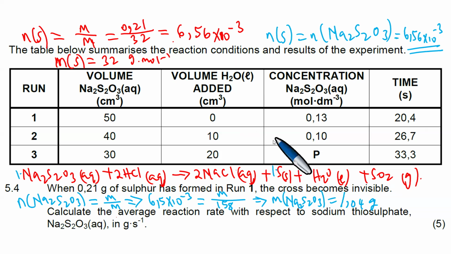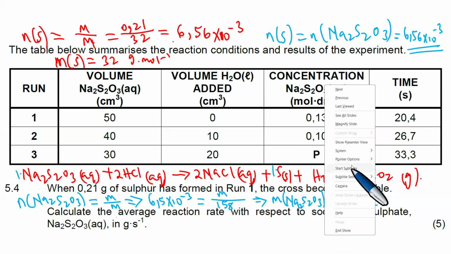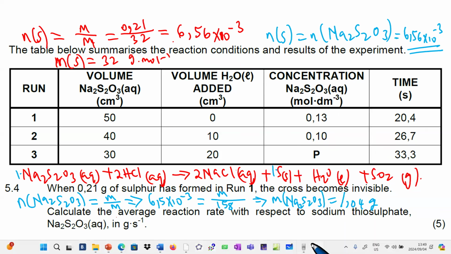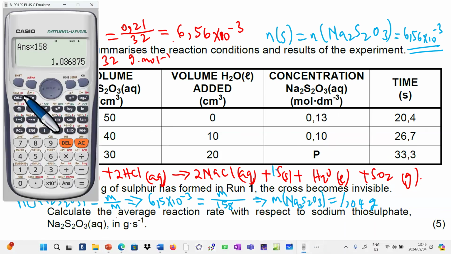Okay, yeah, I get you. I got 1.03, but that's because we rounded off. When we divided 0.21 by 32, we got 6.56. You'll still be given full marks in the exam, but it shows that by rounding off, we can get answers that are a little bit different.